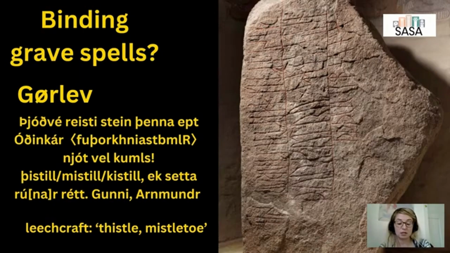We can consider it to a certain extent a magical funerary stone, and the whole context would suggest that this magic was apparently aiming to bind the deceased Odinkor to his grave.